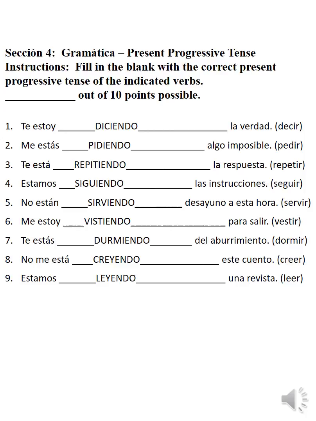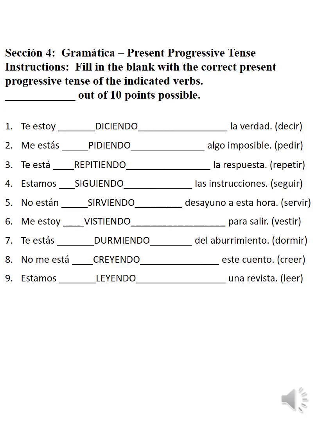So number 1, decir becomes diciendo, D-I-C-I-E-N-D-O. Number 2, pedir becomes pidiendo, P-I-D-I-E-N-D-O. Number 3, repetir becomes repitiendo, R-E-P-I-T-I-E-N-D-O.